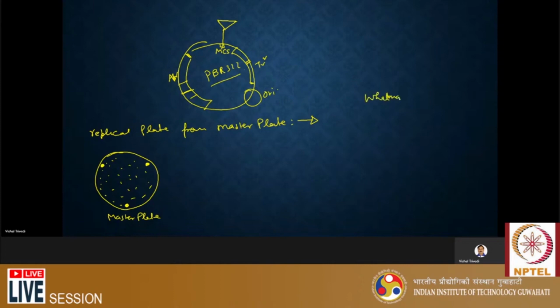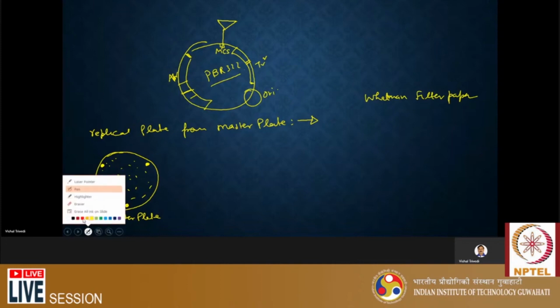Sometimes people use other filter paper also. I'm just showing you that with a separate color so that it will be easy to identify. So you take the Whatman filter paper and put it onto this.